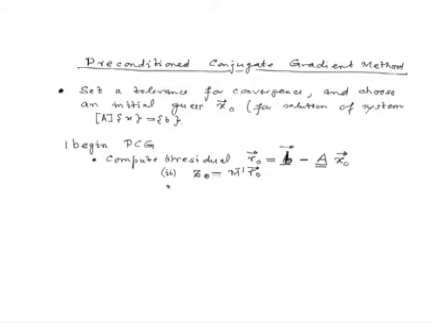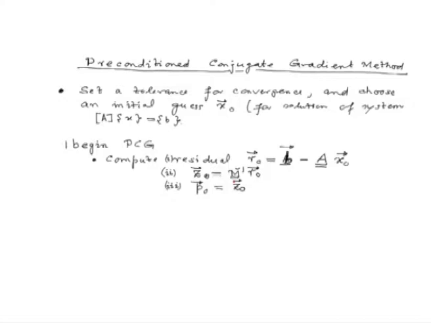and we would introduce a few vectors here. So, we will introduce a vector P0 is equal to Z0. So, these are a few things which we will do before our iterations start, that is compute the residual vector, solve a system of equations with our preconditioner.